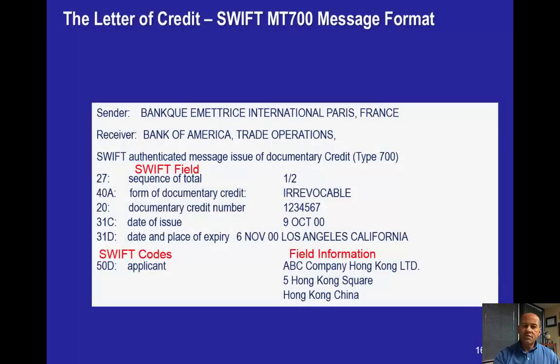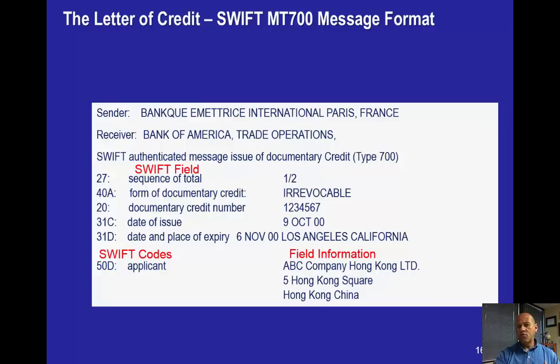So it starts out with the sender name, in other words, the bank that's issuing it, who the receiving bank is, and what the SWIFT code is. Basically, SWIFT codes are codes that banks use to identify and transact business with each other. So those are very important codes.